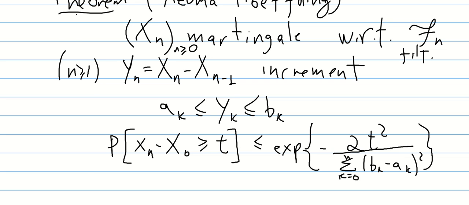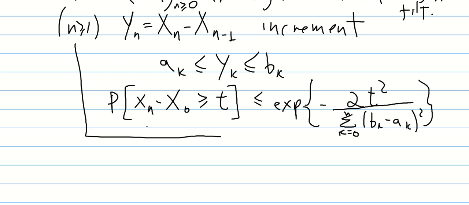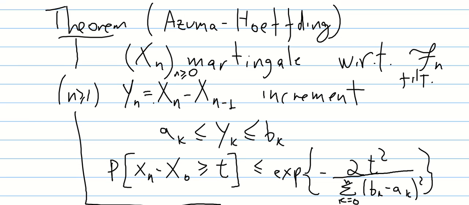So up to now, it's not very clear how to apply this inequality, if this inequality is good at all. But we can already observe a few things. So this is an exponential decay on t squared. So it sounds a bit strange to have a t squared here. Let's take a look at what happens if you use this theorem for a martingale given by a sum of IID random variables.